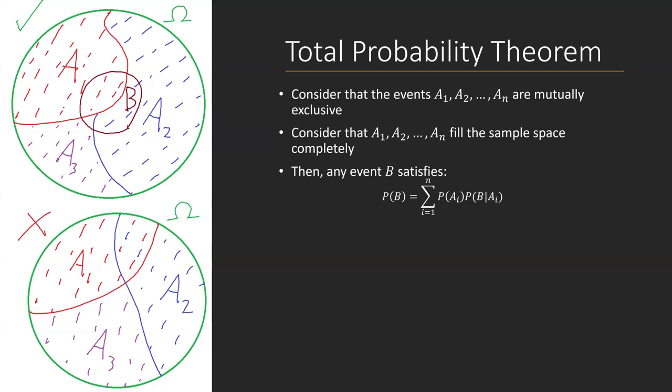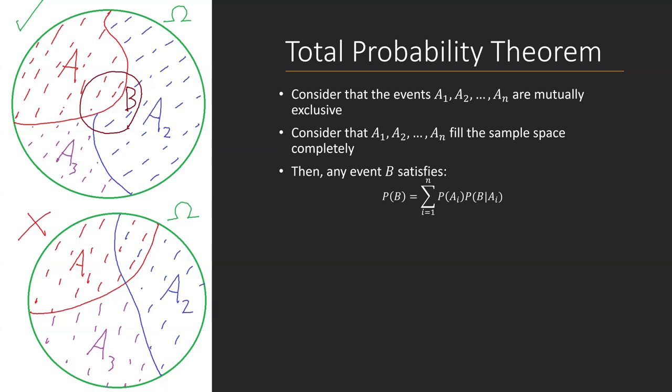So it's never possible that you draw a sample and that 2 different events hold for this sample. However, in the bottom picture, we see that events are not mutually exclusive because there is a region that is in common for event A1 and A2. Therefore, it's possible to draw a sample in this sample space and have more than one event being true.